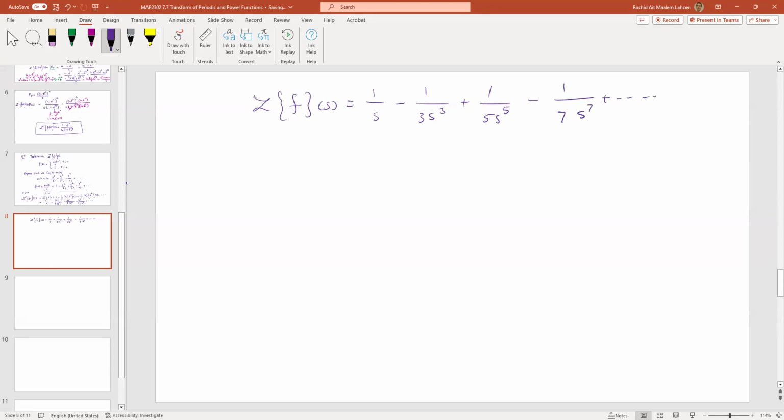And here we can verify different things. We can also show that this series converges to the function.